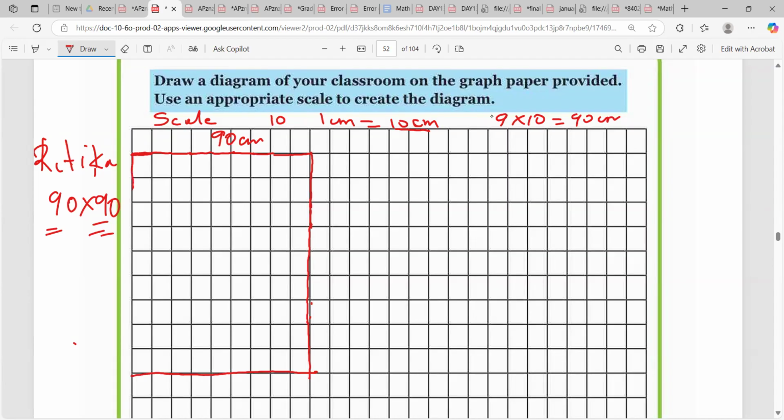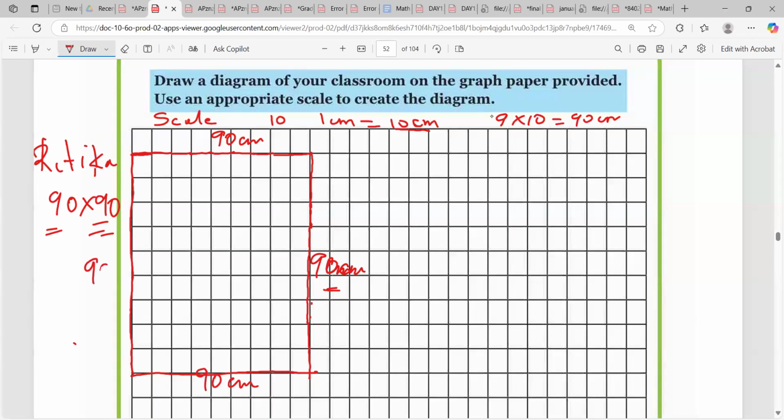And that is what they mean by the scale. So we use 1 centimeter to represent 10. So 9 units is actually 90, just like what Brian says. It would have been 90 centimeter in actual measurement, but it's really 9 centimeter.